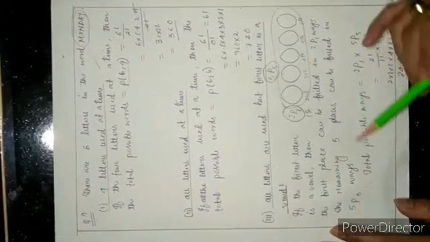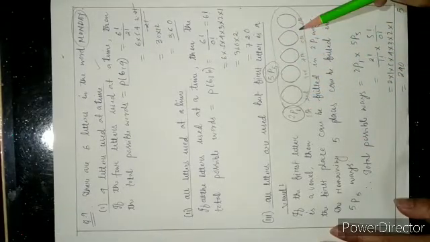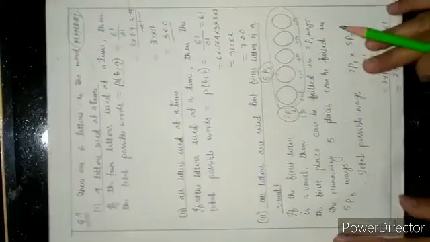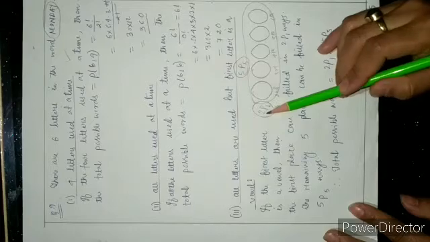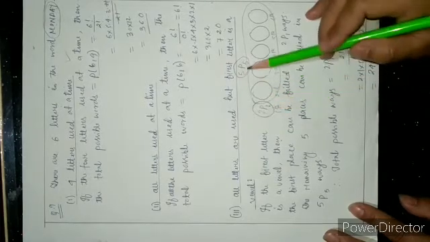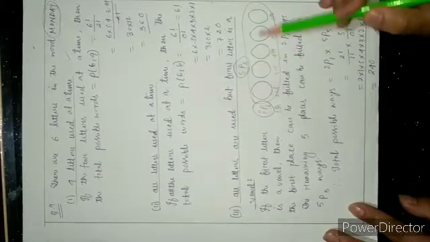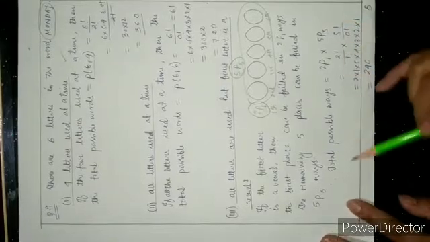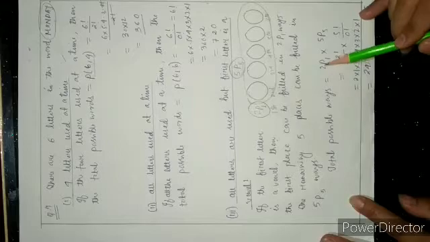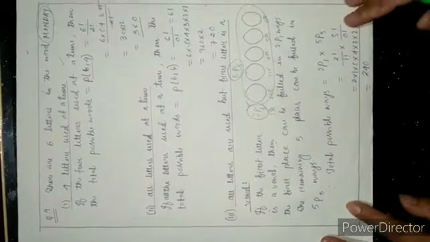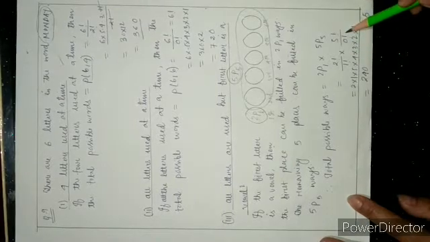So the remaining 5 vacant places can be filled up in 5P5 ways. In 2P1, the 2 is the number of vowels, and the remaining 5 places are filled with the remaining letters. So the total possible ways is given by the multiplication rule, which is equal to 2P1 into 5P5. 2P1 means 2 factorial divided by 1 factorial, and 5 factorial by 0 factorial.